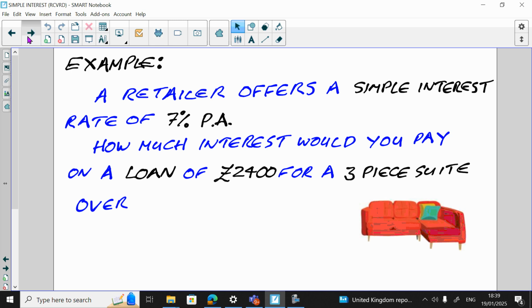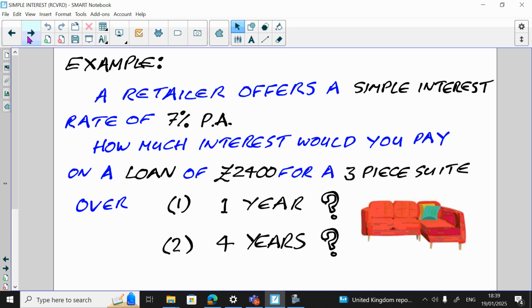So we're going to look at it over 1 year, and we always go for 1 year initially to make it nice and simple. Then we'll go for a secondary question for 4 years, for instance. So we'll get 2 parts to this one here. So we've got the percentage per annum, we've got the initial loan amount, and then we've got the time periods for parts 1 and 2.